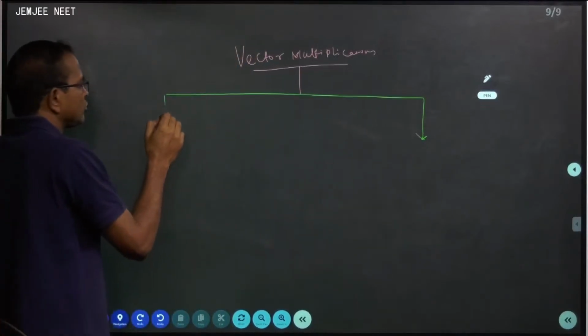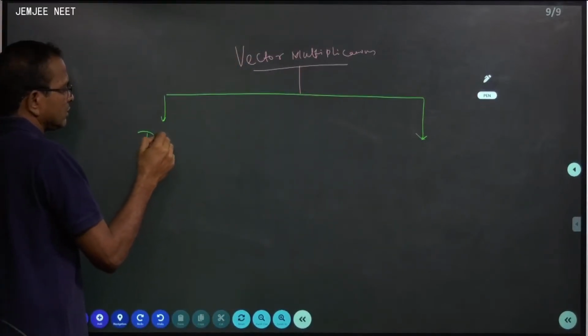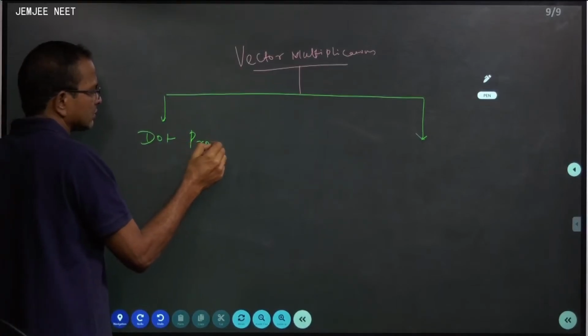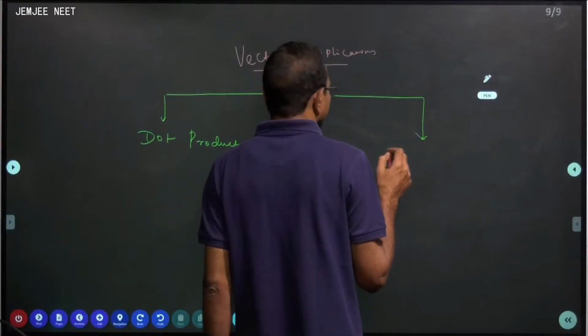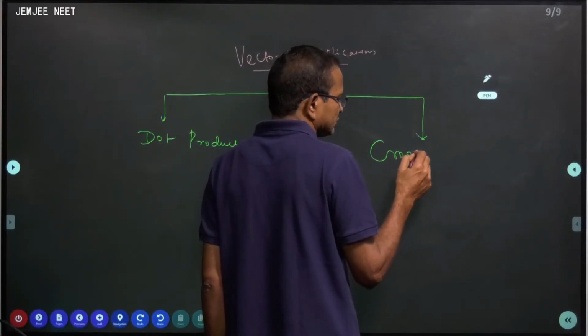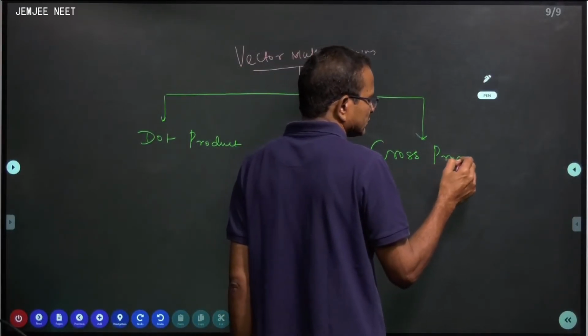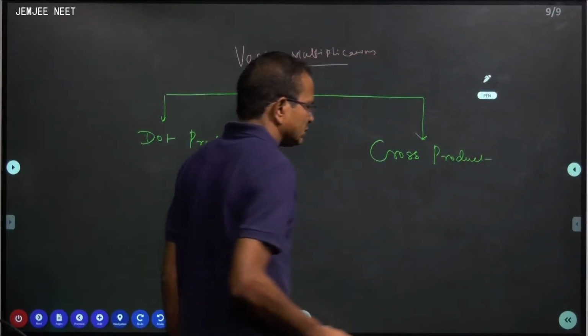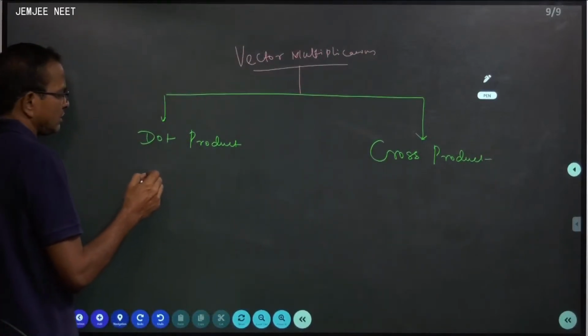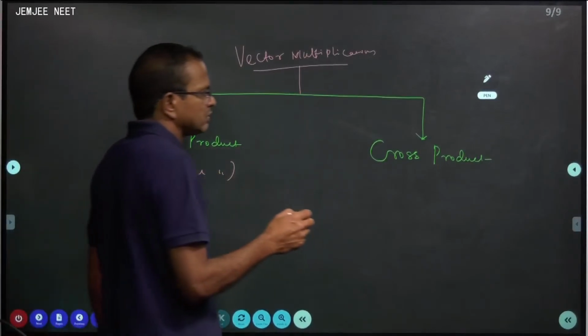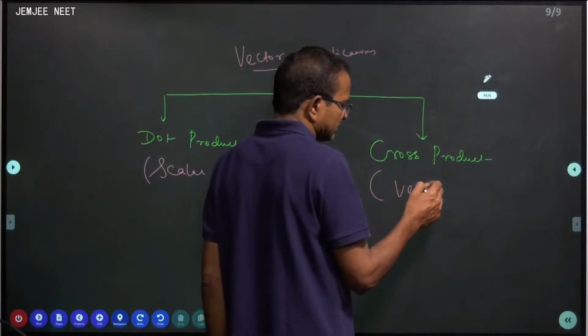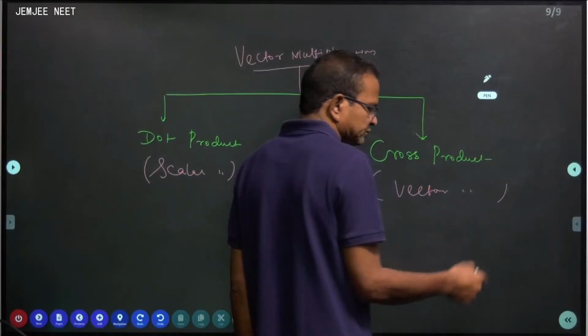Popularly it is divided into 2 parts: dot product and cross product. Dot product is also called scalar product. Cross product is also called vector product.